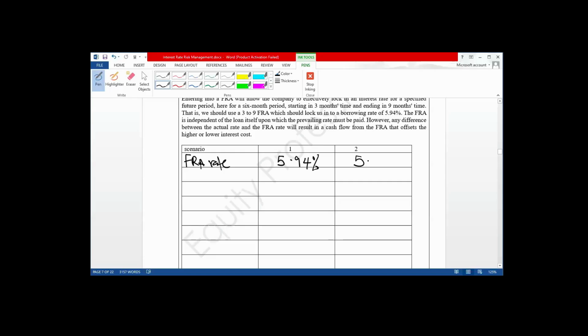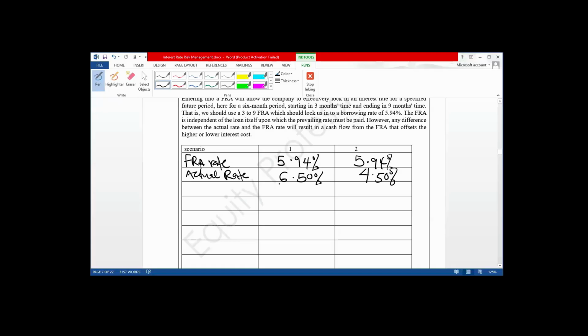Whether scenario 1 or scenario 2, your actual borrowing rates: for scenario 1, 6.5%; scenario 2, 4.5%.